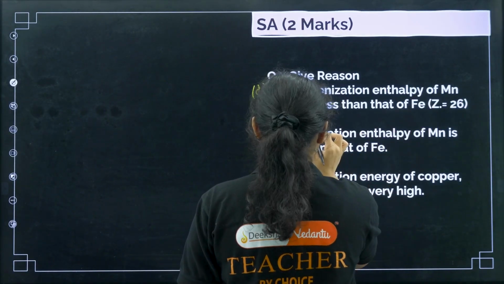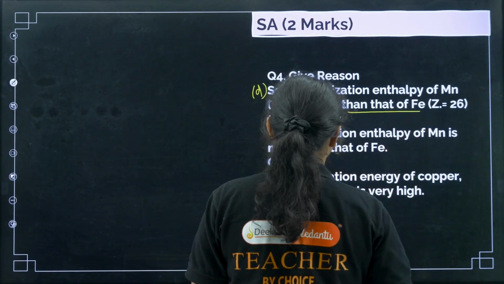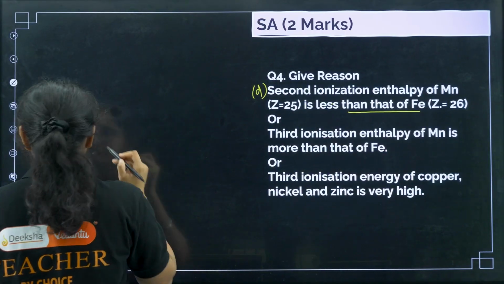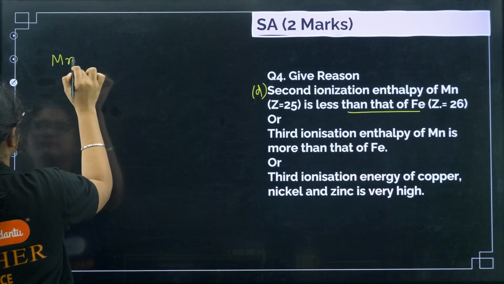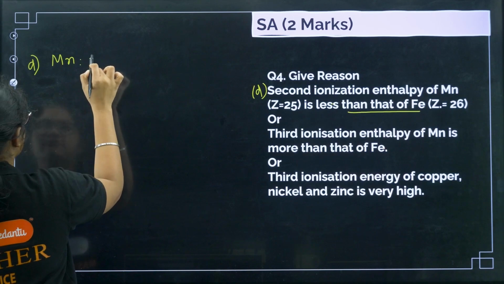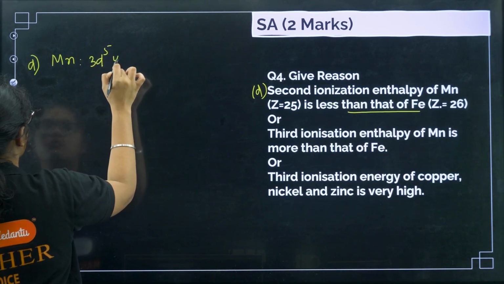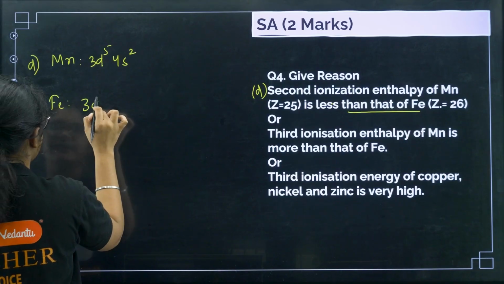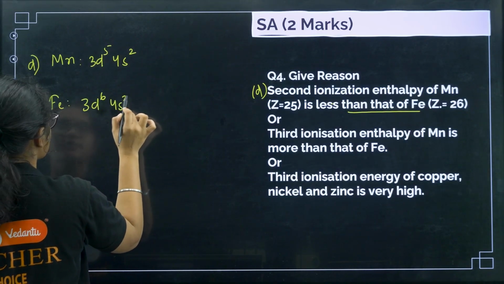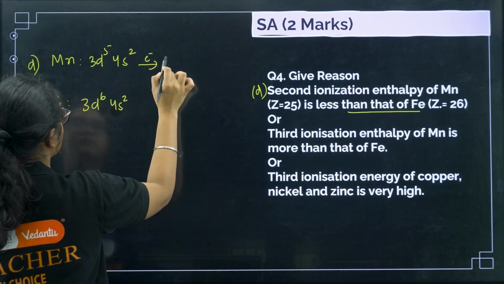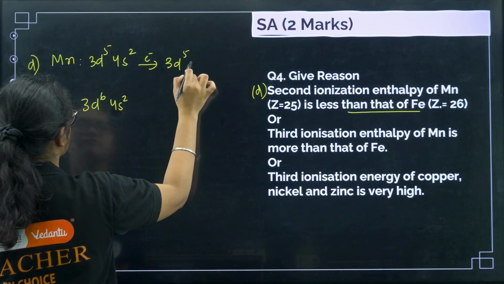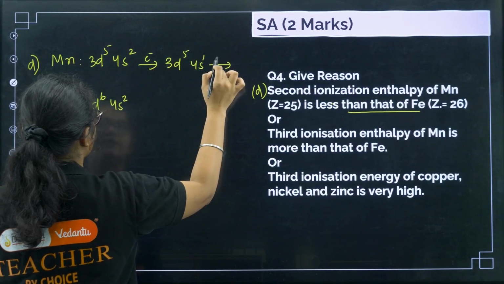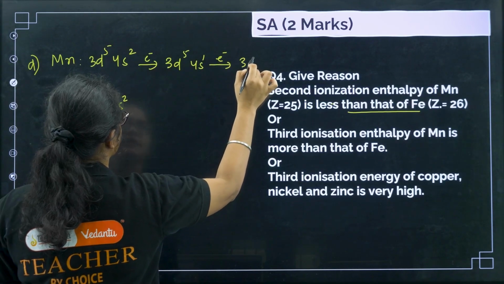Second ionization enthalpy of manganese is less than that of iron. Manganese configuration is 3d5 4s2, and iron configuration is 3d6 4s2. If you remove one electron from manganese, we get 3d5 4s1. You remove another electron, you get 3d5.